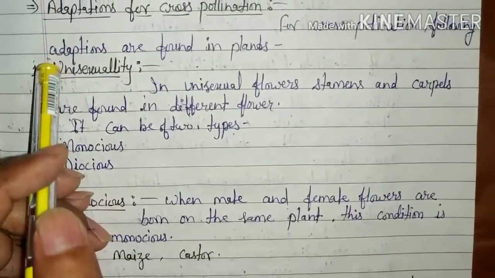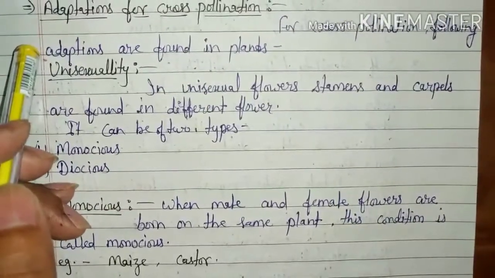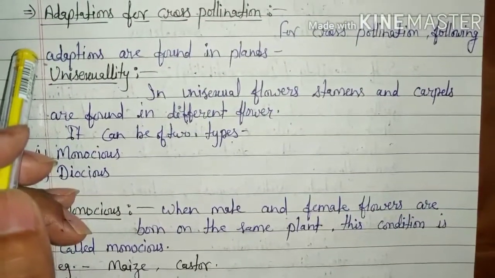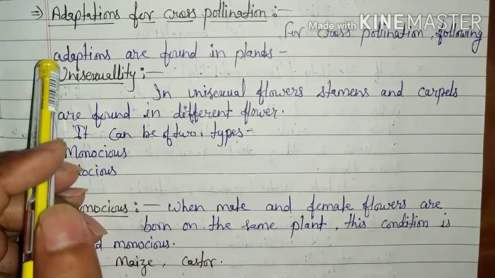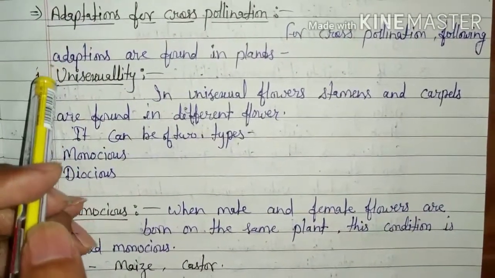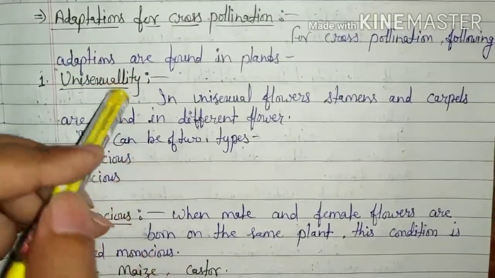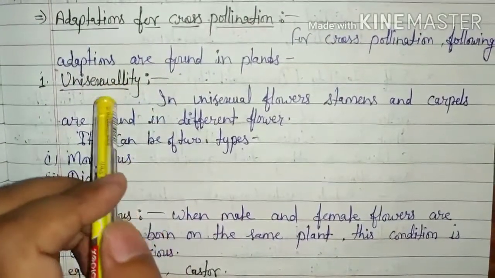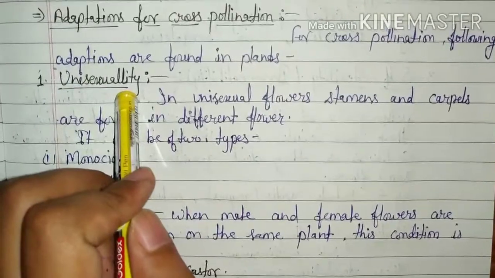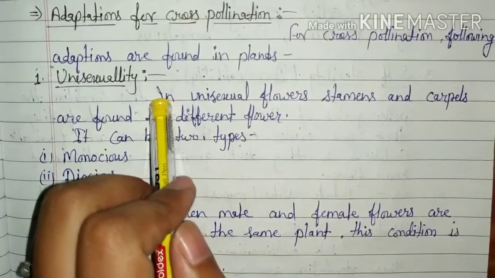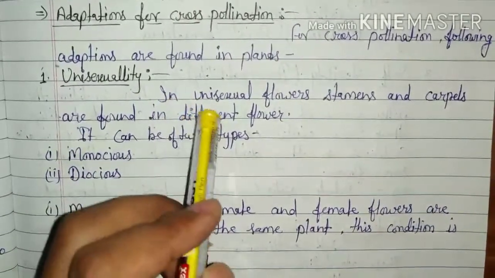Third, dichogamy. Fourth, hercogamy. And fifth, heterostyly. Firstly, we will talk about unisexuality. In a unisexual flower, only cross-pollination takes place, not self-pollination.